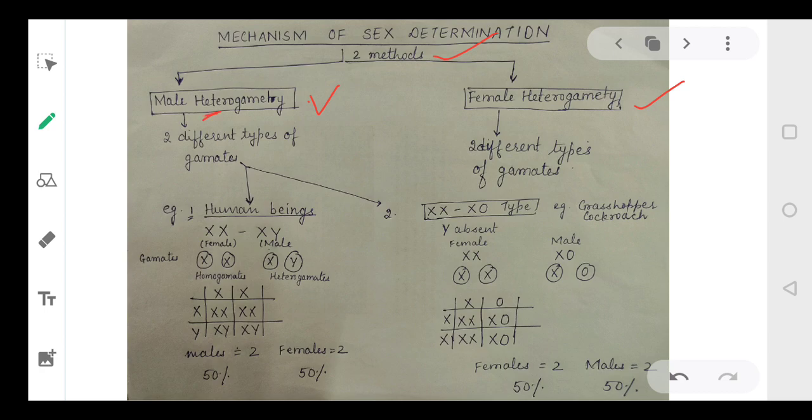Hetero means different and gamety means gametes. So male heterogamety means the male will produce two different types of gametes. Female will produce the same type of gametes, only one type of gamete, and male will produce two different types of gametes.